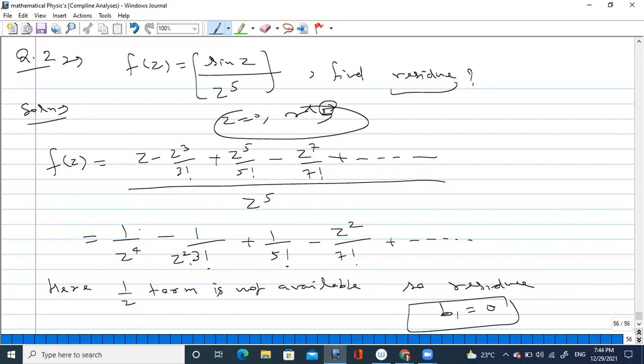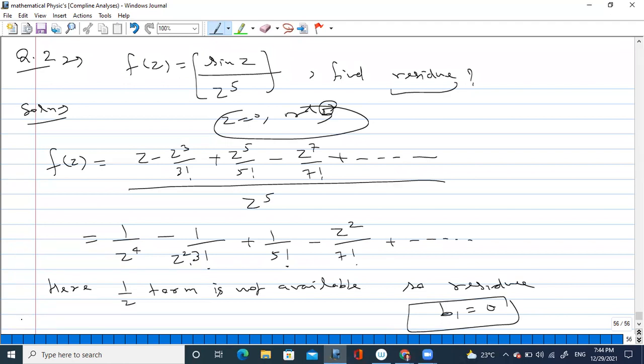So here the maximum power of the pole gives you the order. If you put z equal to 0, this will become infinity. My function will not be analytic. But the power of 1 upon z is 4, that is maximum.